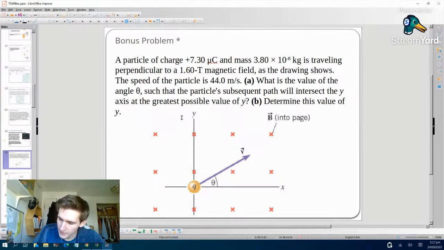So to find sine of theta, you have to divide the magnetic force by Q, V, and B. So we can find the force by equating the centripetal force to the magnitude of the force. So the magnitude of the force is equal to mass times velocity squared over the radius.